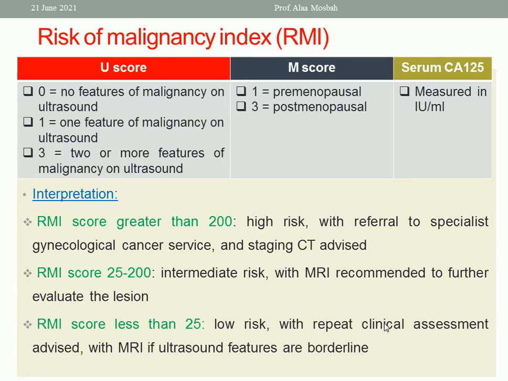If the risk of malignancy index score is less than 25, this is low risk, so we are going to do repeat clinical assessment and repeat evaluation for the case. But we may need MRI also in such a low risk patient if the ultrasound features are borderline.